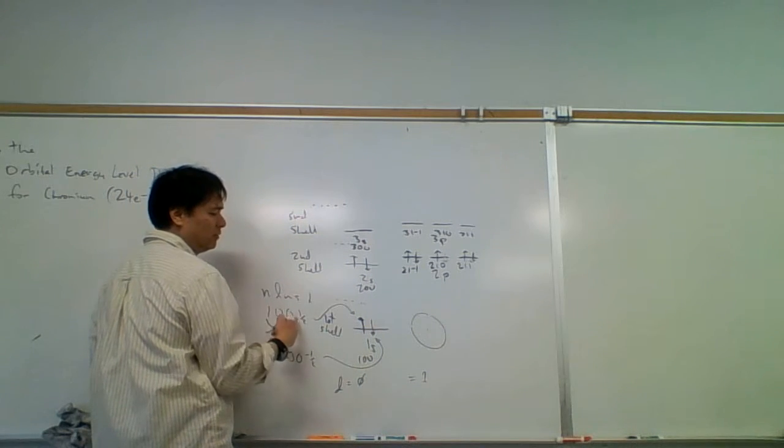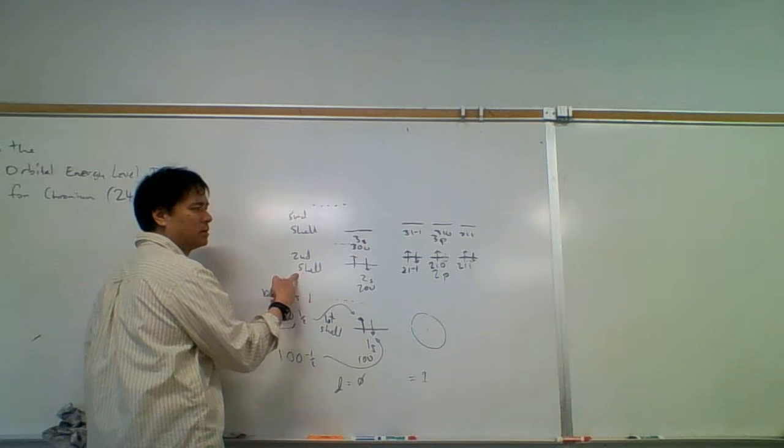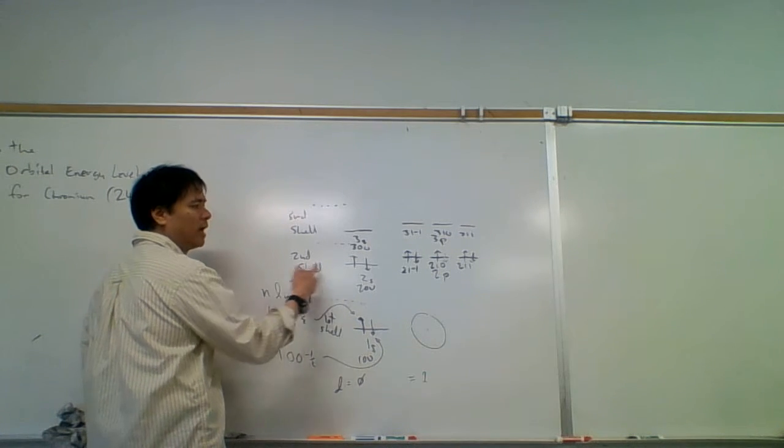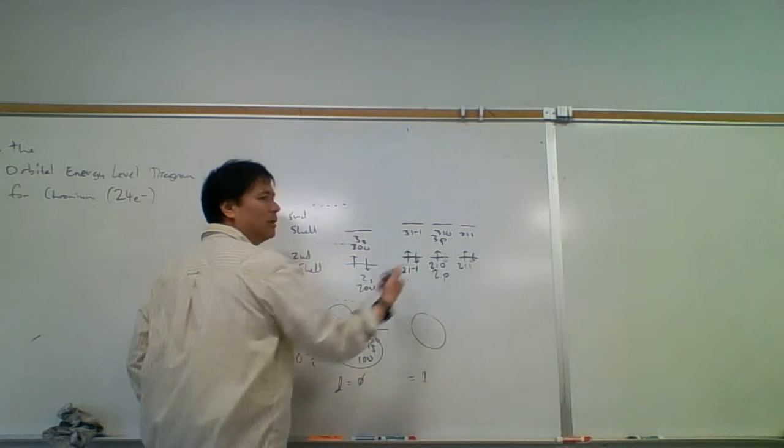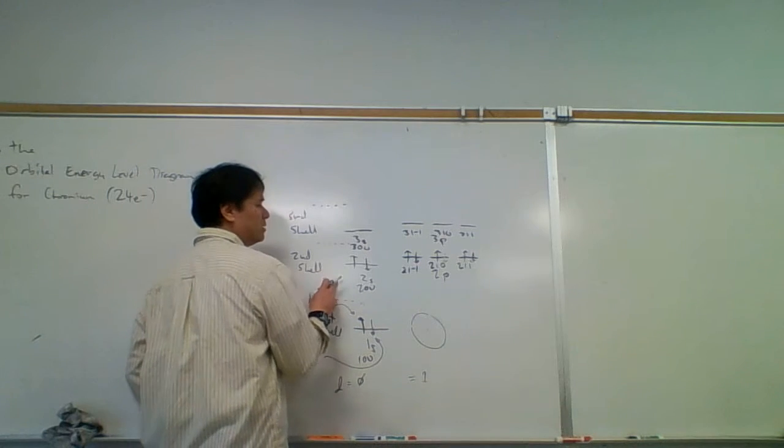In fact, to fill up the first shell takes 2 electrons. To fill up the second shell, how many electrons does it take? 8. We call it an octet of electrons. So to fill up the second shell takes an octet of electrons. To fill up the third shell takes how many electrons?